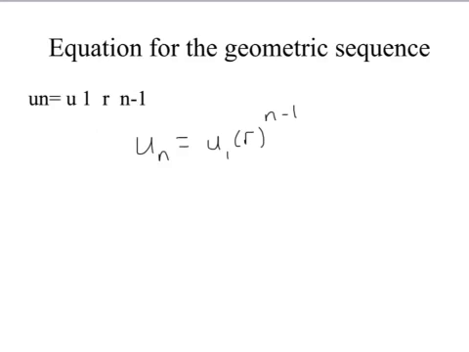The equation for the nth term of a geometric sequence would be u of n is equal to u1 times r to the n minus 1.